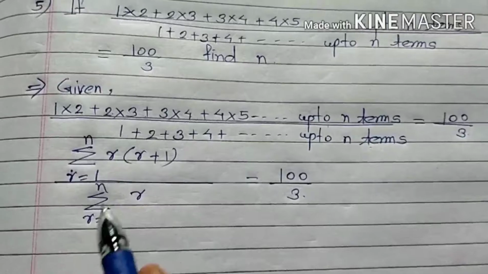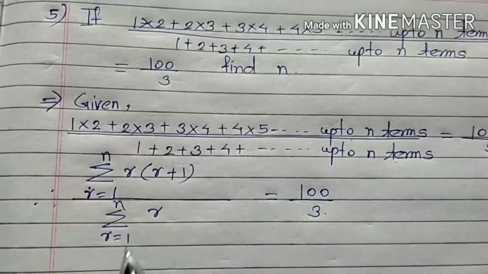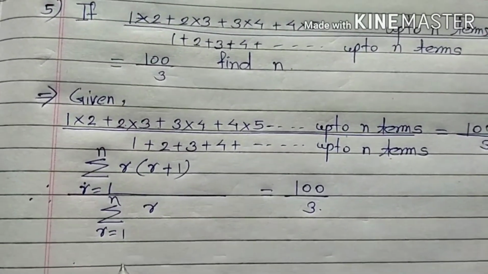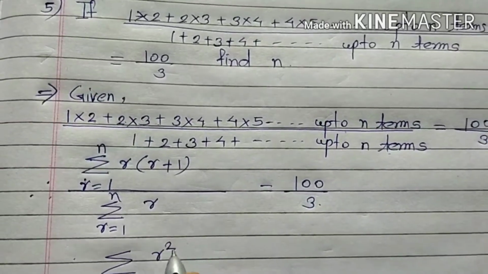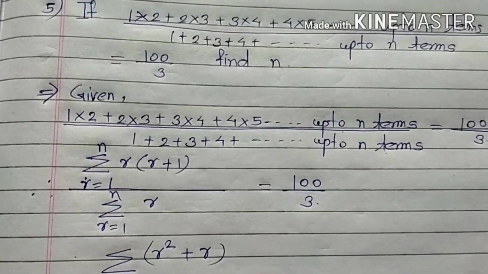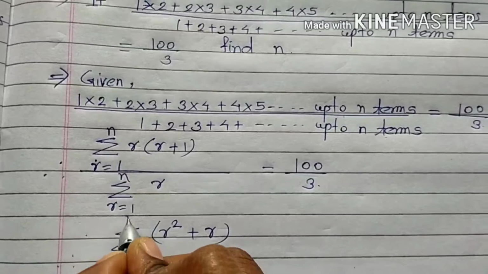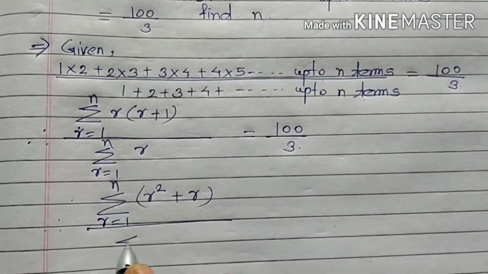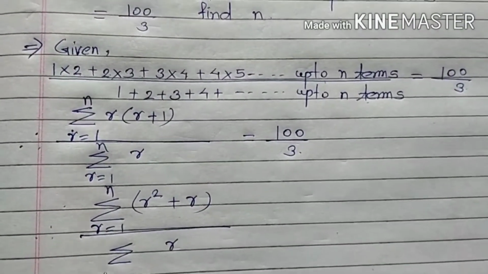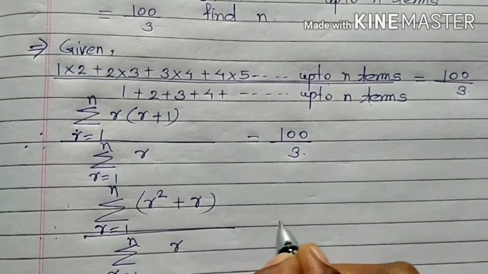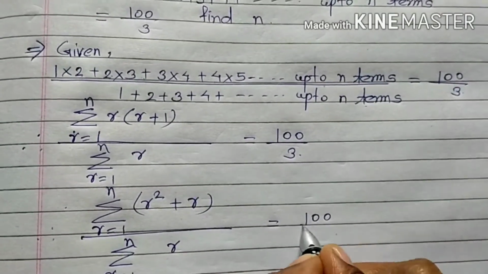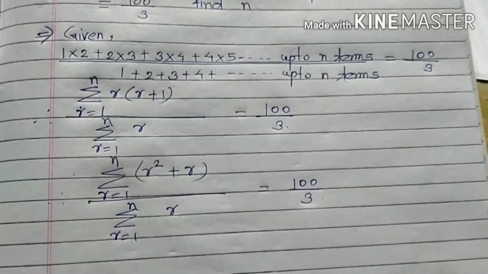Now multiplying r, we get r square. So the next step is summation of (r² + r) where r runs from 1 to n, upon summation of r where r runs from 1 to n, which is equal to 100/3.